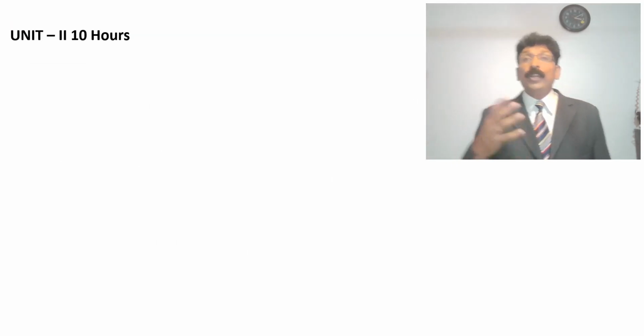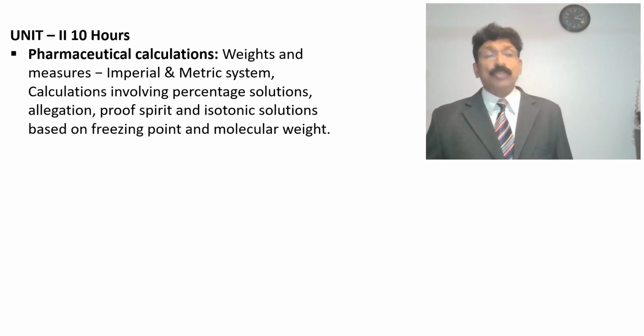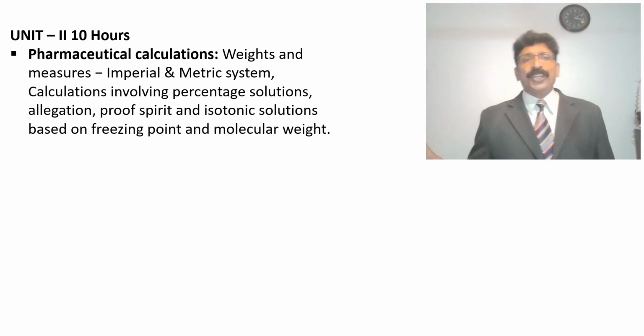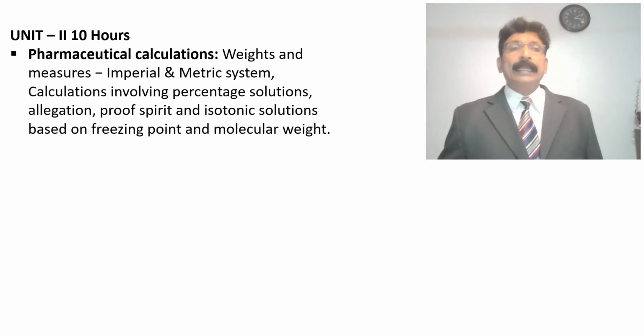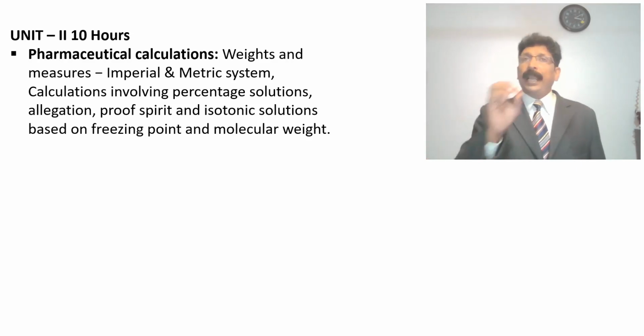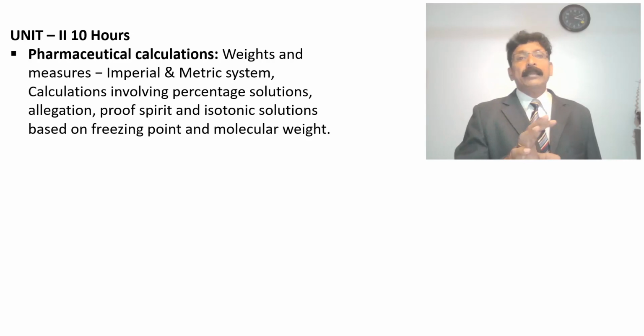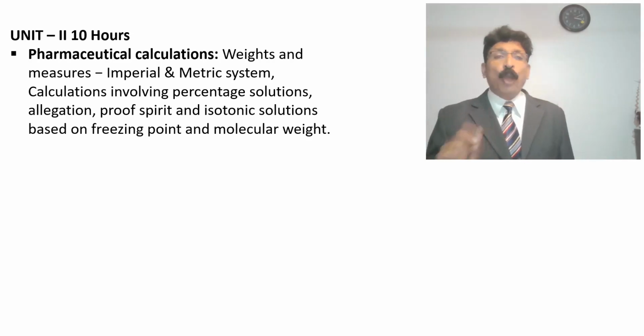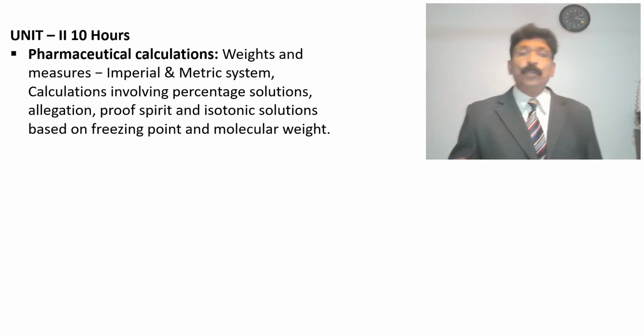Unit 2 is also 10 hours, which will be conducted by the teacher. Here, pharmaceutical calculations, weights and measures, especially the imperial system, metric system, calculations involving percentage of solutions.